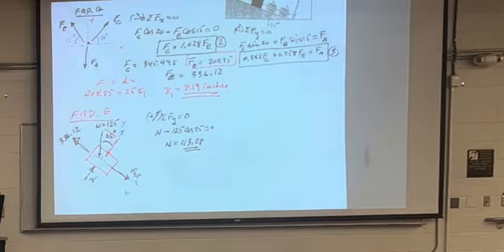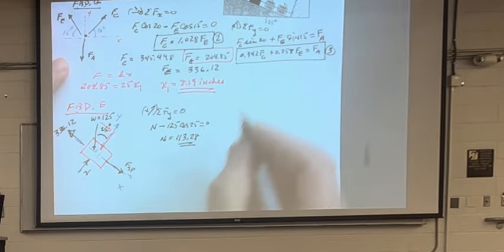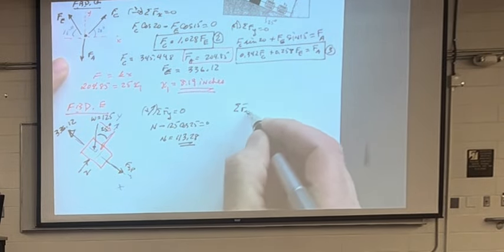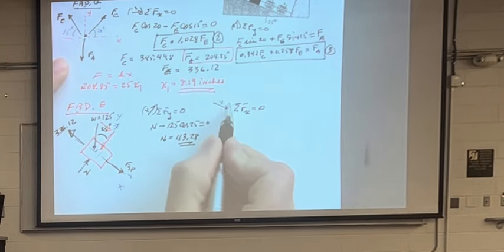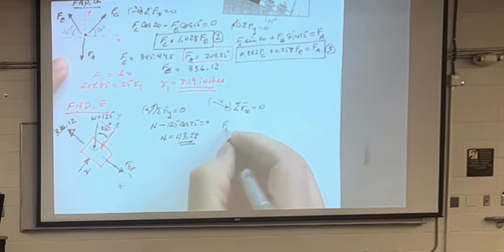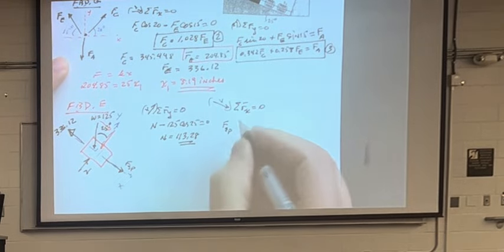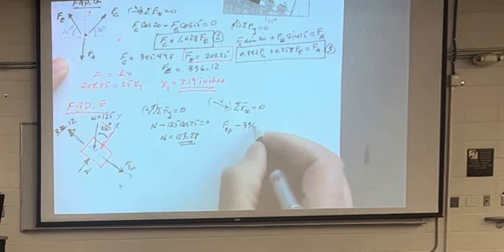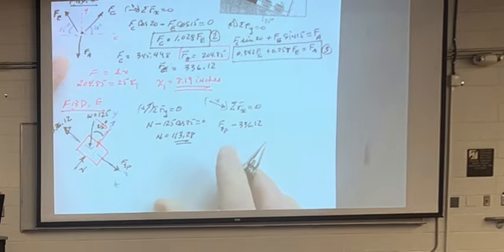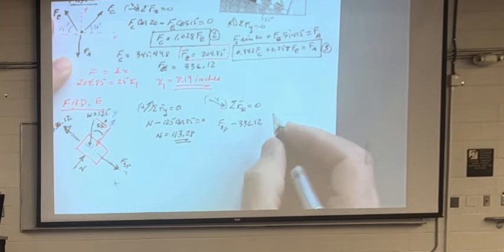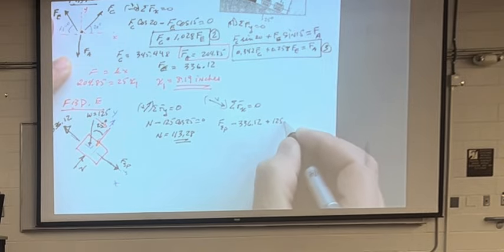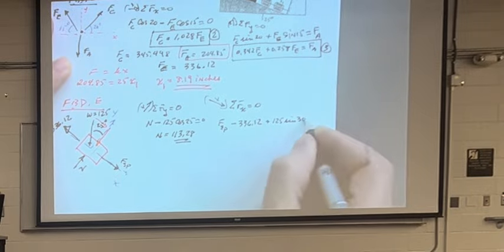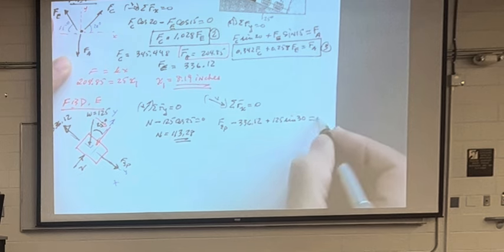Next, I'm going to do some forces in the x. Sum of forces in the x equals 0. Positive down the incline. That's FSP minus 336.12 plus 125 sine of 30 equals 0.